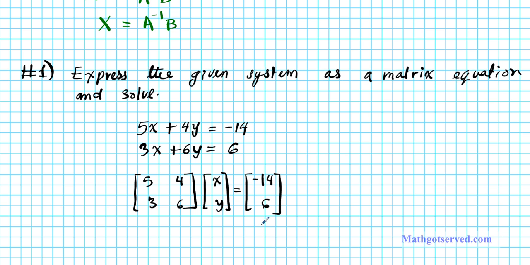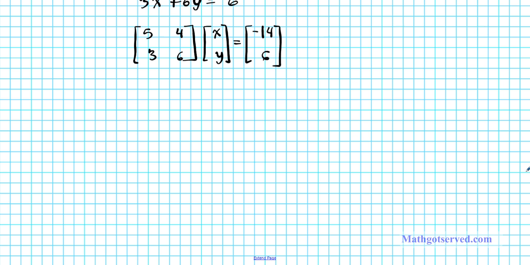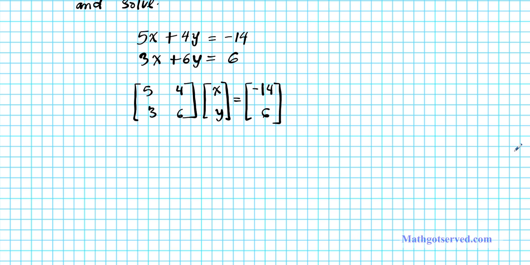Now, with this matrix equation set up, we can identify our A, our X, and our B. This matrix here is our coefficient matrix A, this is our variable matrix X, and this is B. The goal here is to isolate matrix X, the variable matrix, and then the matrix on the right side will tell us the solution to the system.